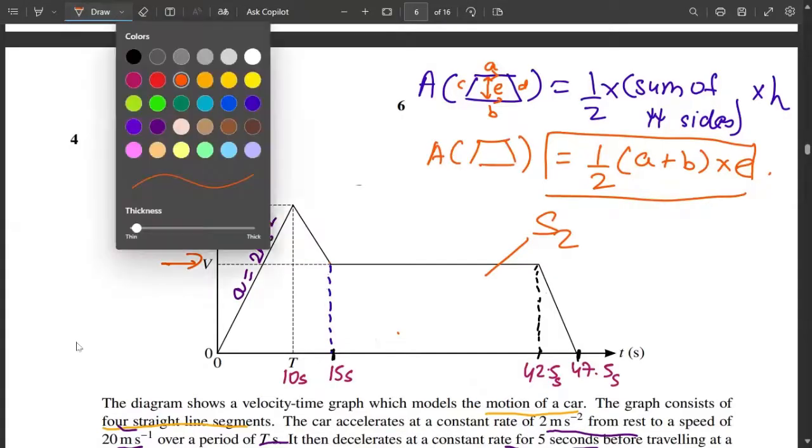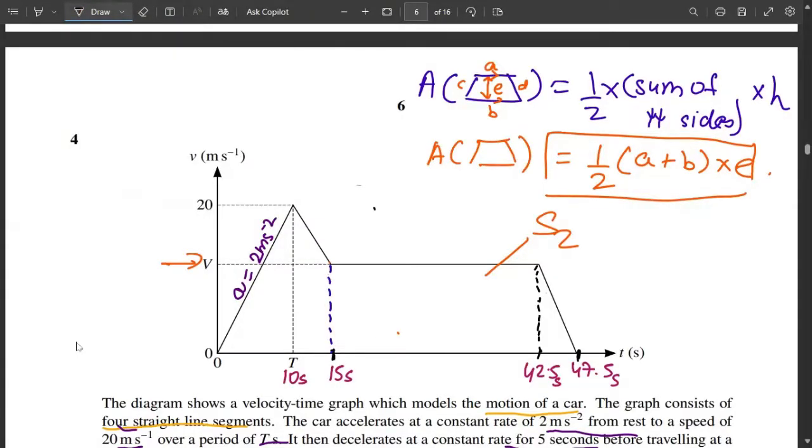And why am I telling this to you? Because if you see right here, this shape is a trapezium. So we'll need that in order to find the area in a while. So I mentioned it to you previously.